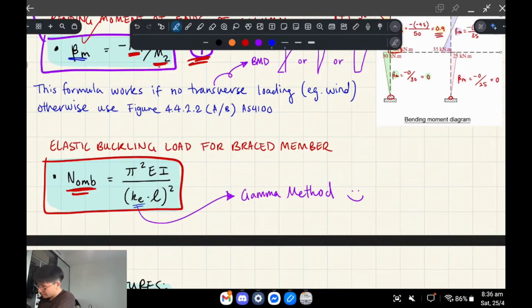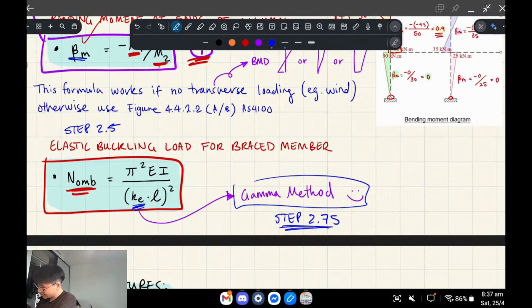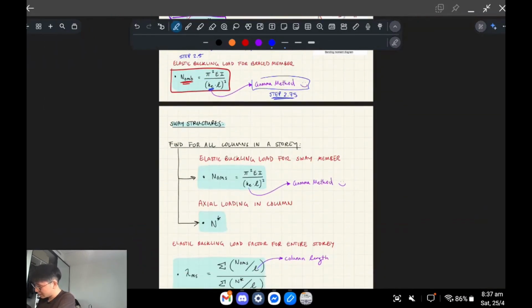Basically KE you have to find through the gamma method. So if this was step 2.5, this is step 2.75, and this can take a while depending on whether you're using the gamma method or not.